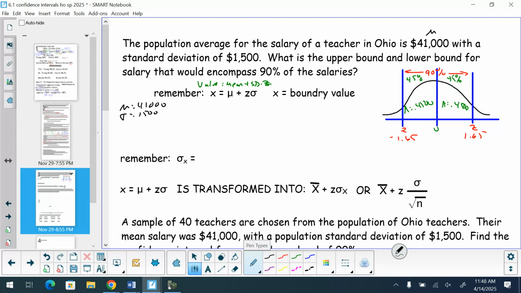Our values were 41,000 plus our z-score 1.65 times our standard deviation of 1,500, and 41,000 plus a negative 1.65 times 1,500. So we came down to two values.